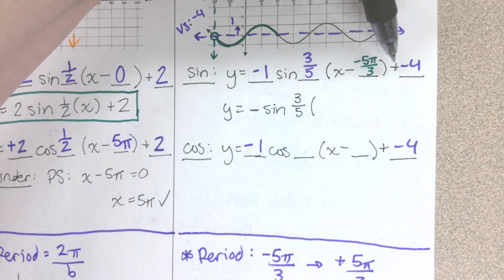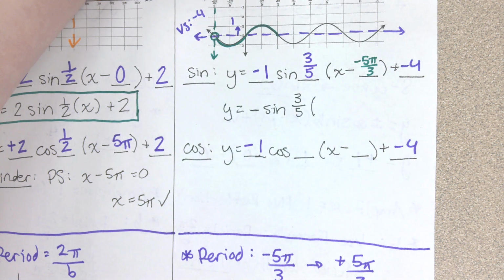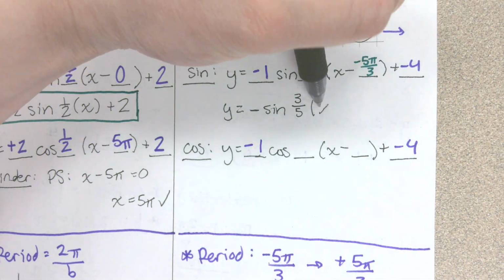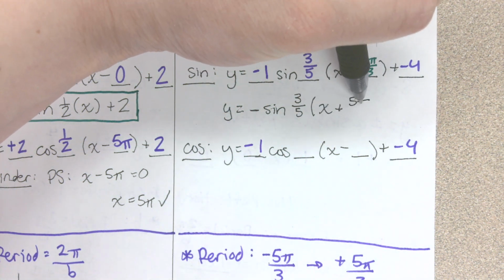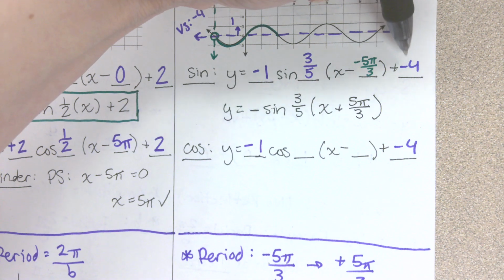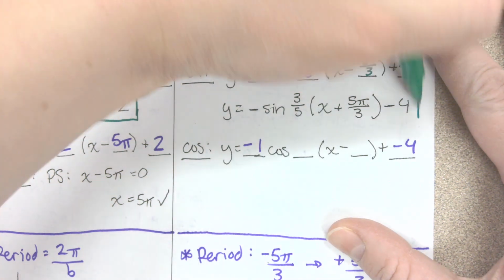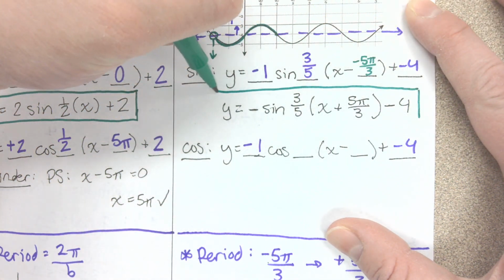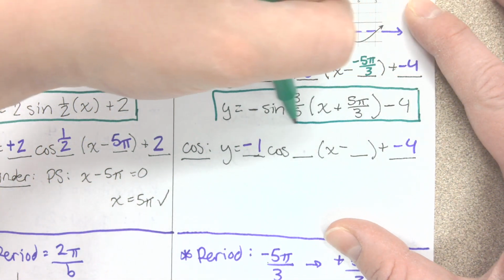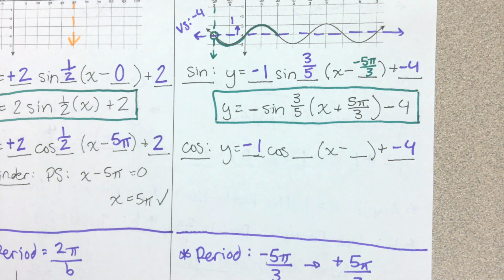And whenever you have this situation where you have that minus minus, please take the extra step and turn that into a plus. Don't just leave it like that. X plus 5 pi over 3. And then I'll just rewrite this as minus 4 at the end. There's my sine equation.